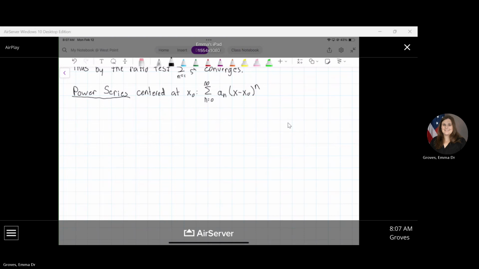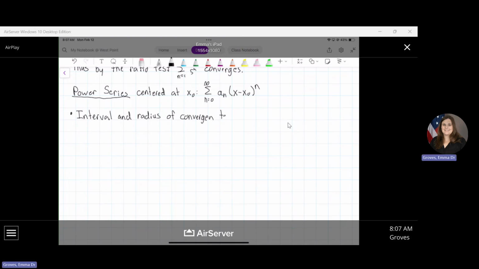So when we're talking about power series, one of the big things we're trying to determine is the interval and radius of convergence.